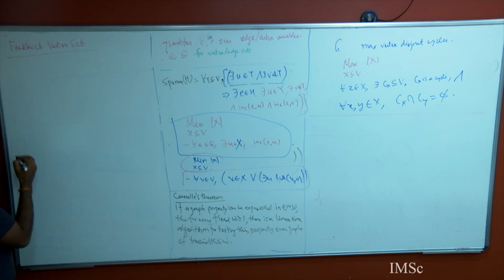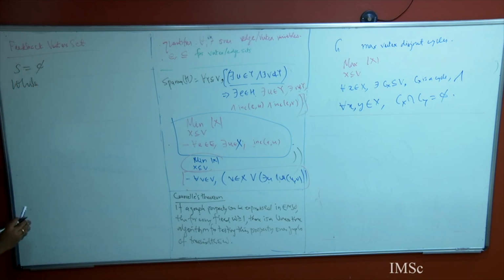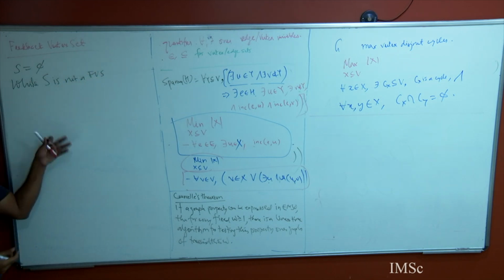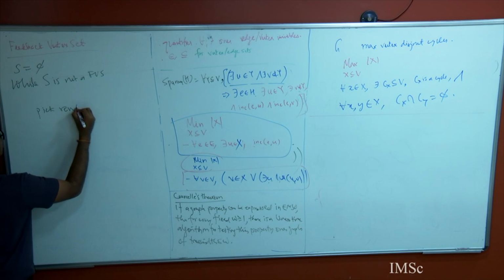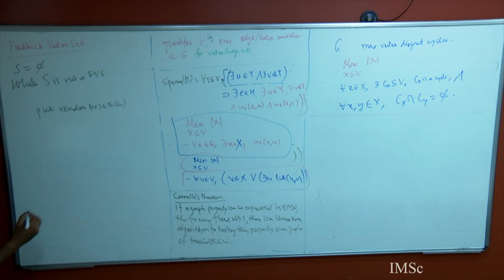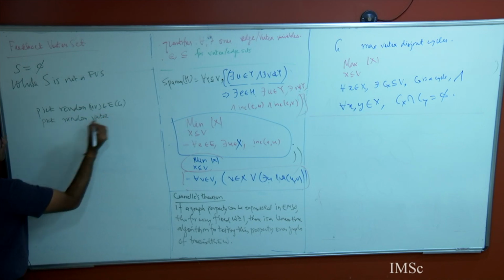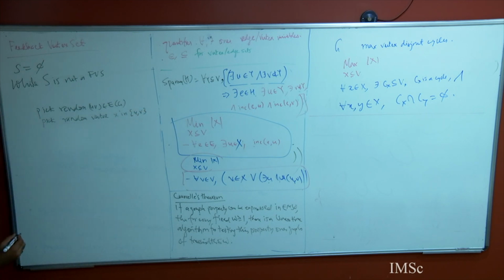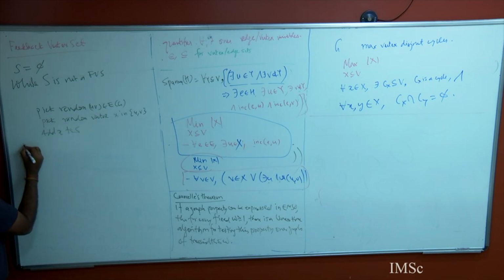While S is not an FVS, meaning you check whether it is, pick a random edge UV in E(G), pick a random vertex X in UV, add X to S, and output S.